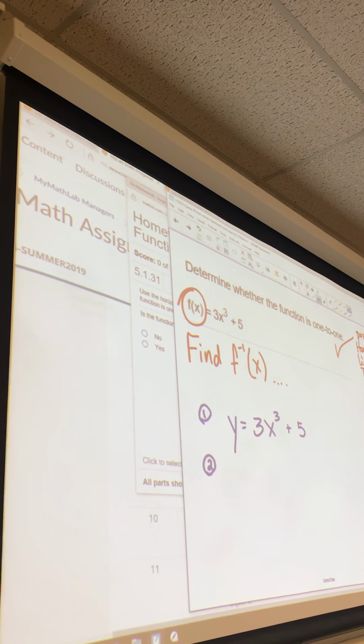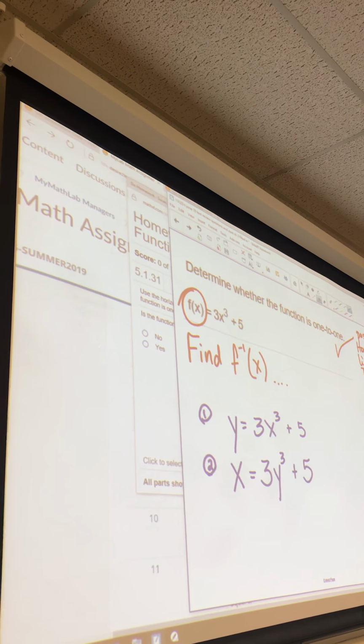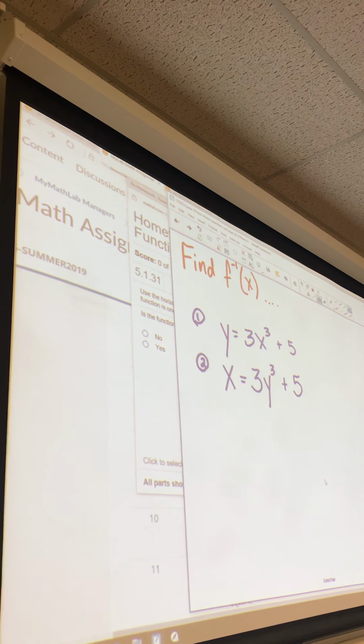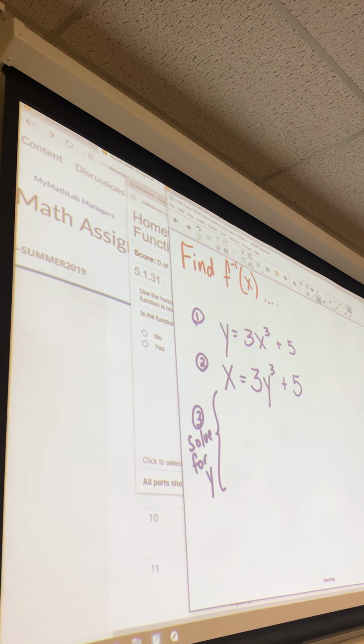Switch the variables. So x goes here, 3y goes there, and everything else around it stays the same. And now you use however many steps it takes to solve for that new y, and that will be your inverse. So on this one, we're trying to get the y by itself.